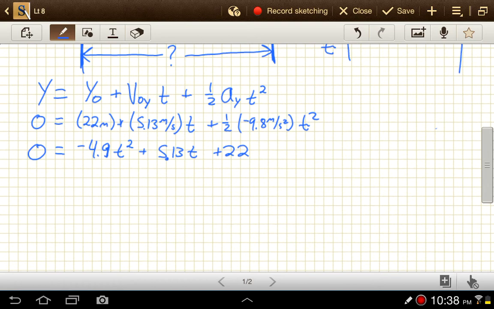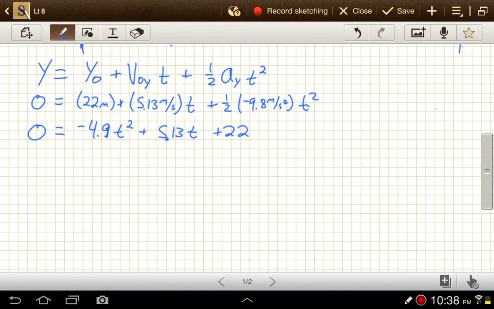I'm going to go old school, though, and solve this using the quadratic formula. As my good friend, the math teacher Sam Hunter, would tell us, we're not going to use x, we're going to use t here: t equals negative b plus or minus the square root of b squared minus 4ac, all over 2a.